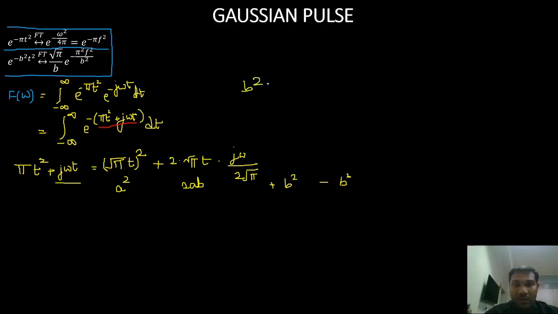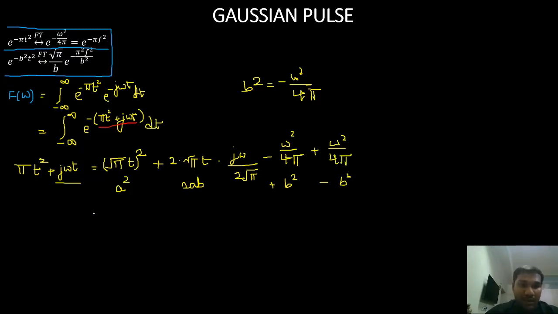B square is j omega by 2 root pi whole square, which is omega square by 4 pi times j square, and j square is minus 1. So b square equals minus omega square by 4 pi, and minus b square will be plus omega square by 4 pi.